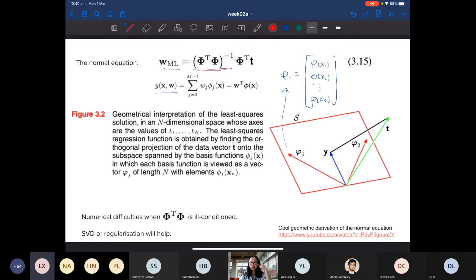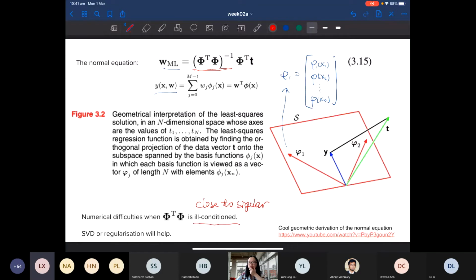We see that this matrix is symmetric and real, one of the quote unquote nicer matrices, but it can still be close to singular. When this matrix is close to singular, or basically some of the eigenvalues are close to 0, then inverting it is going to be a numerical nightmare.